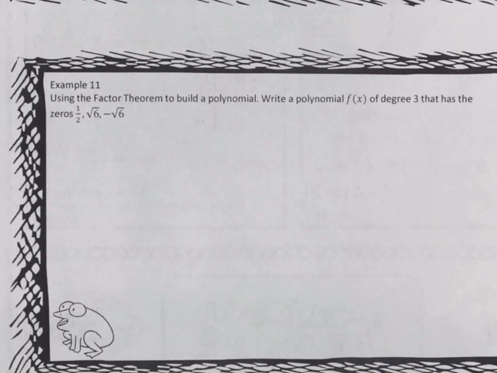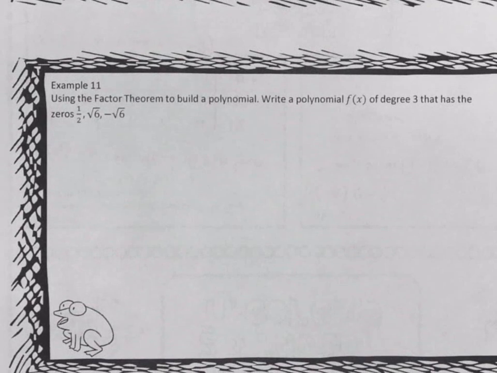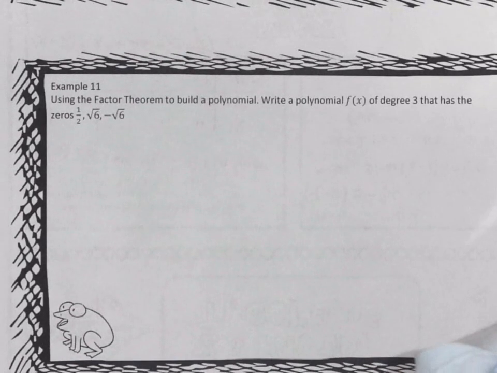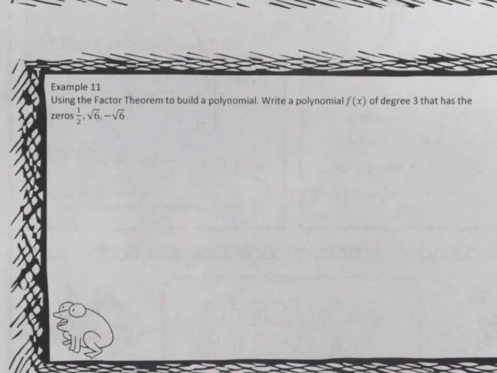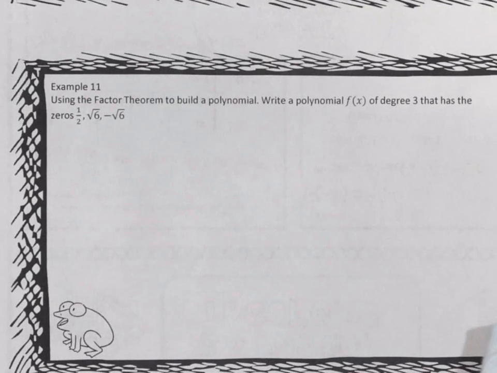It says, using the factor theorem to build a polynomial, write a polynomial f of x of degree 3 that has the zeros 1/2, root 6, negative root 6. What is this asking me to make?